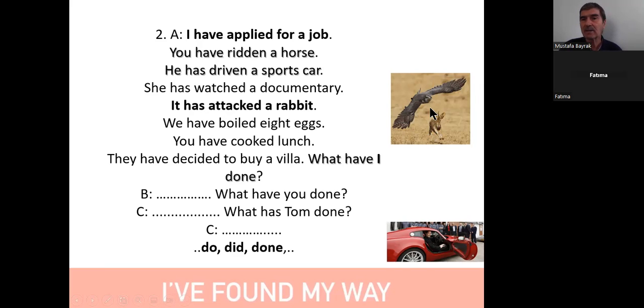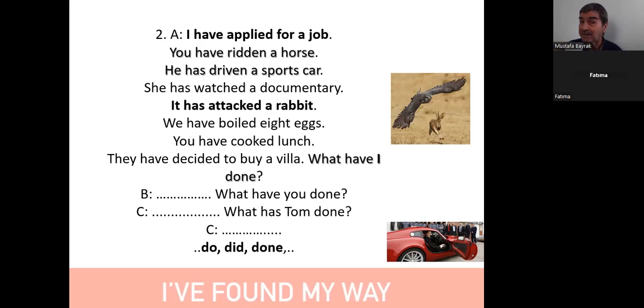Why? Because an eagle has attacked a rabbit and she stood up and screamed. Okay. We have boiled 8 eggs. We have boiled 8 eggs. The eggs are still hot, but finished. This is present perfect tense. This is the identity of present perfect tense.